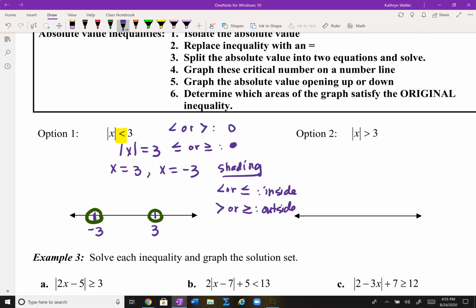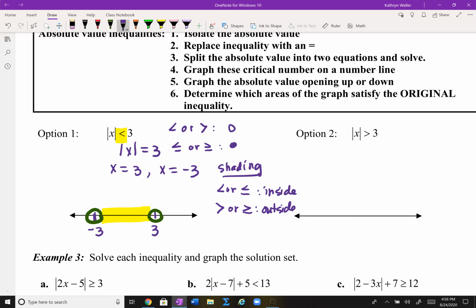If the distance from 0 is supposed to be less than 3 units, that means it would be close to the 0. Anything less than 3 units is going to be like, here's the 0, it's going to be right in here. So the less than just tells you to shade the inside like that, okay? And that's it, okay? That's all we'll do for right there.